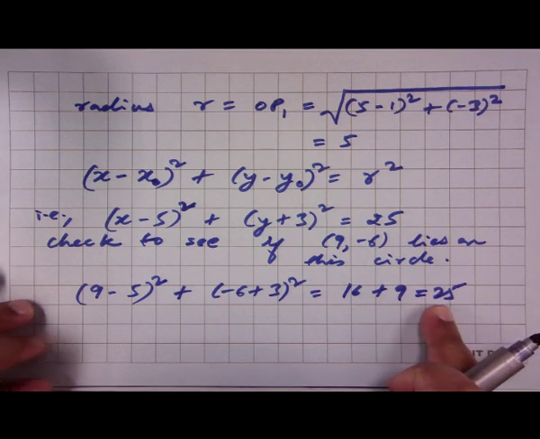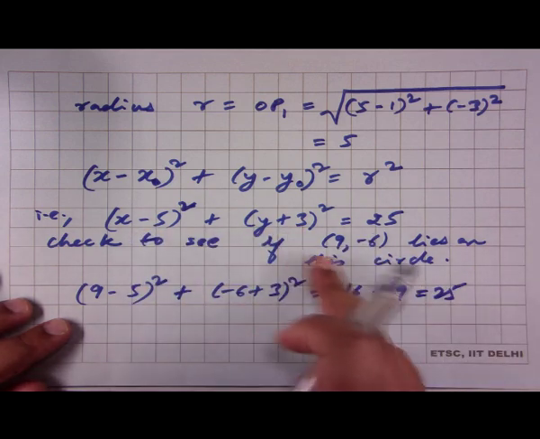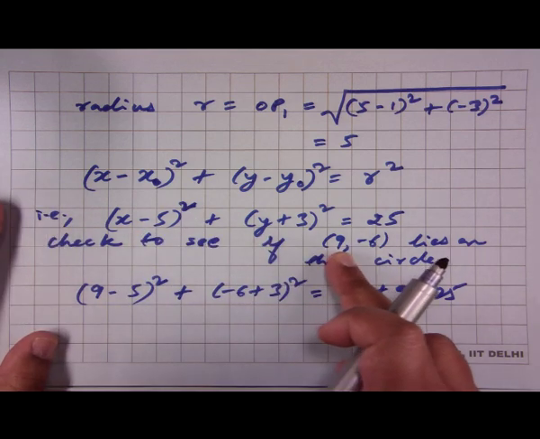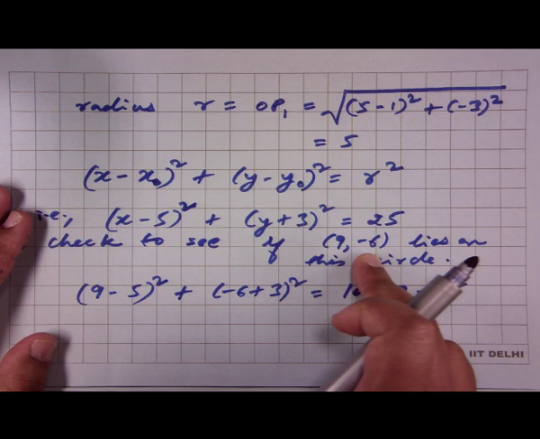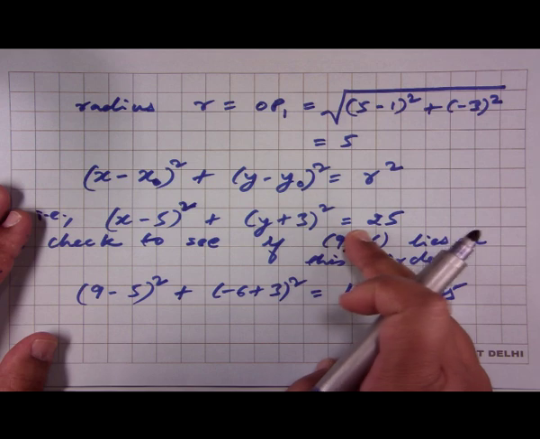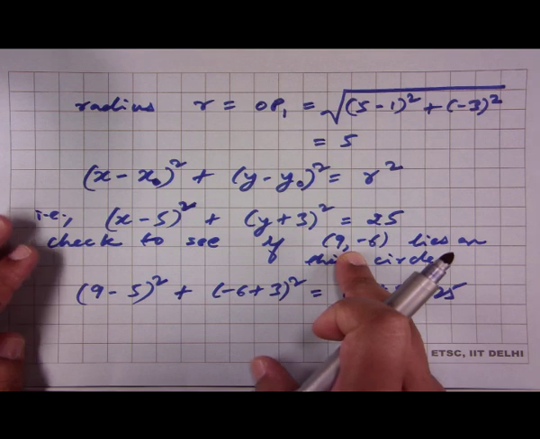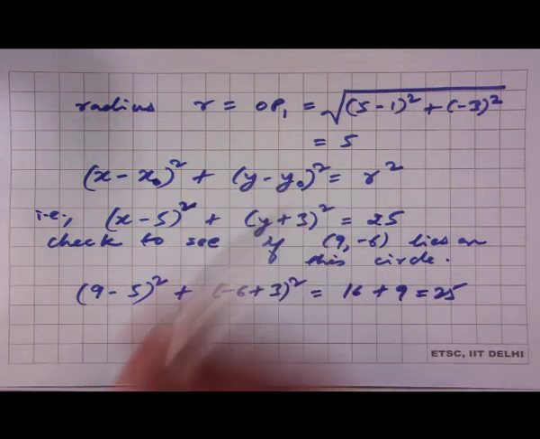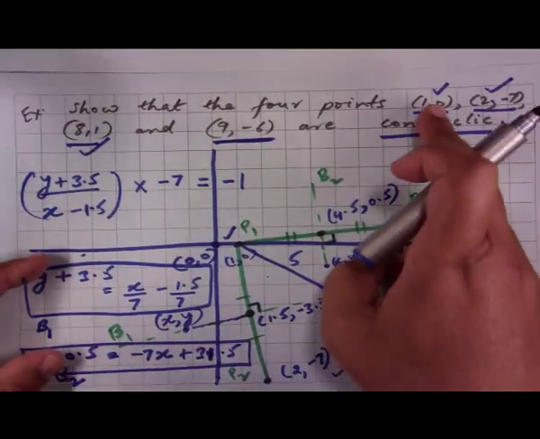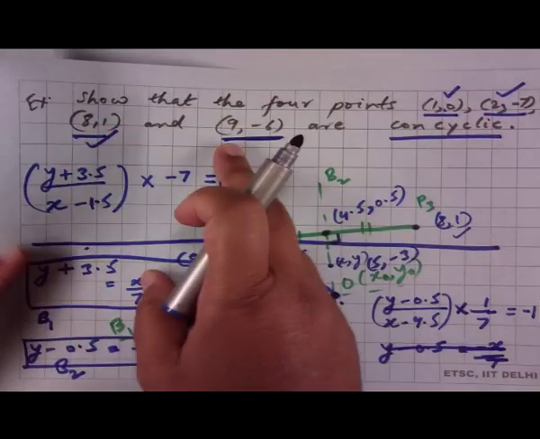So, with x y equal to 9 and minus 6, we see that the left hand side is 25, which is equal to the right hand side in the equation of the circle, and hence this point indeed lies on this circle which passes through the first 3 points, and hence all the 4 points lie on that circle.